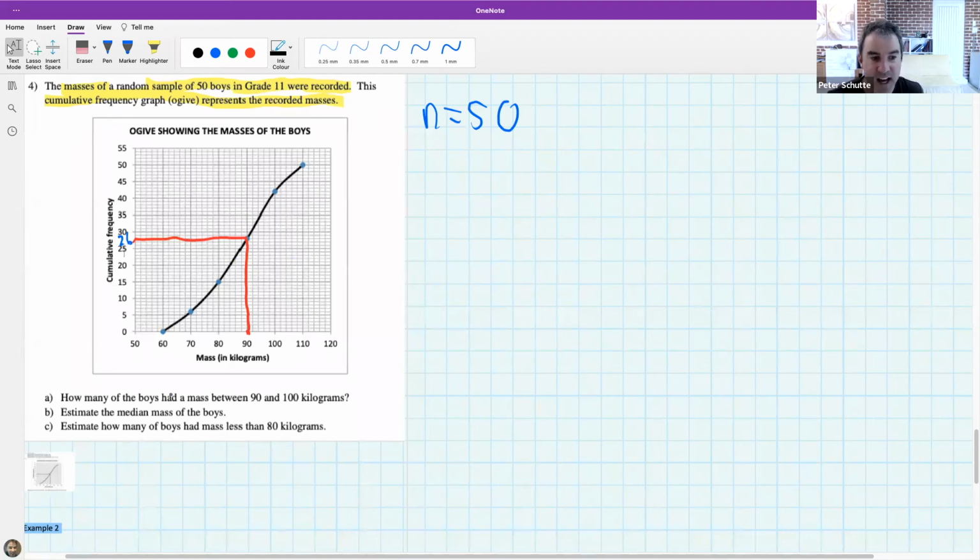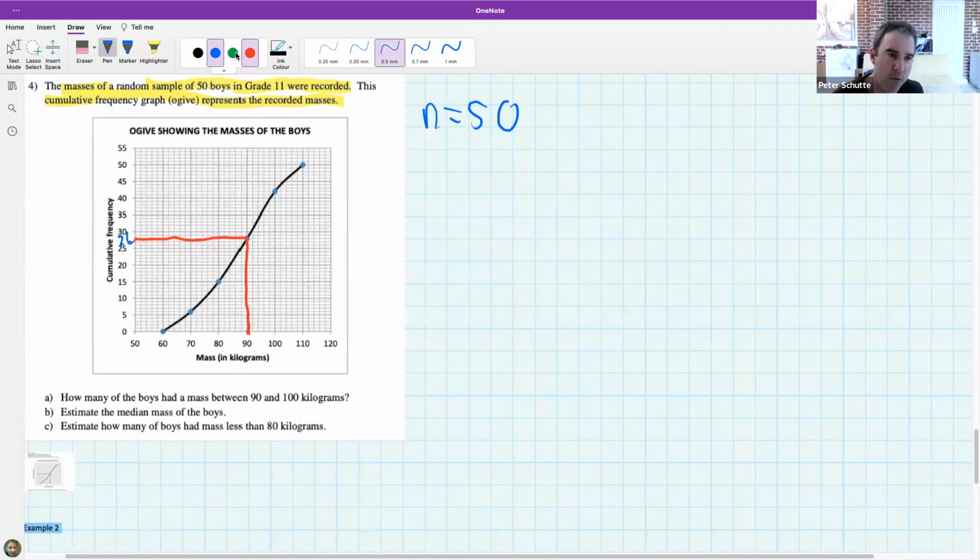Remember, we're trying to find how many have a mass between 90 and 100, but what I want to find out is, what does it mean if I go 90 on the horizontal to 26 on the vertical? Position, I guess. So you know what it actually means? It means that there have been 26 students who weigh 90 or less.